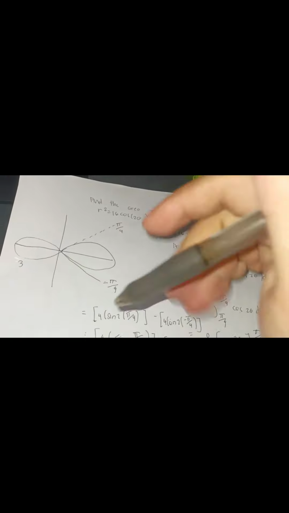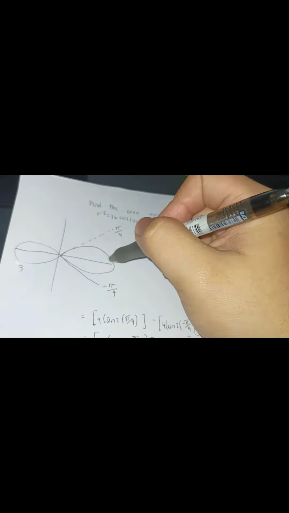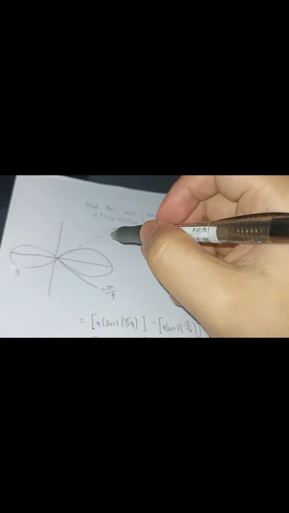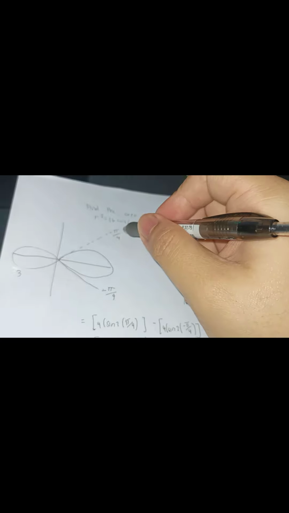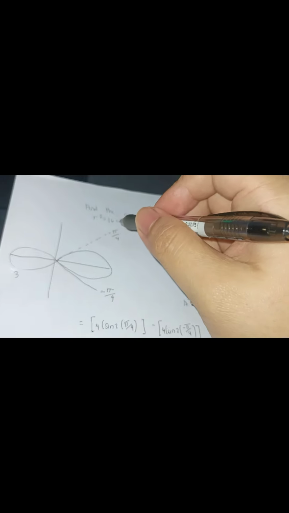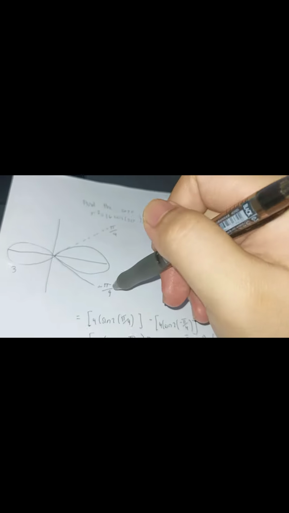By the way, this is the equation and this is the problem. Find the area enclosed by the polar curve r squared equals 16 cosine 2 theta. So we graph here and we focus on this part, the upper and the lower, which is theta from pi over 4 to negative pi over 4.